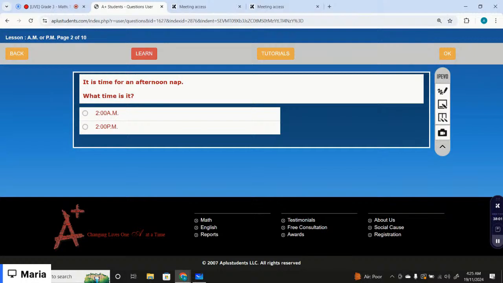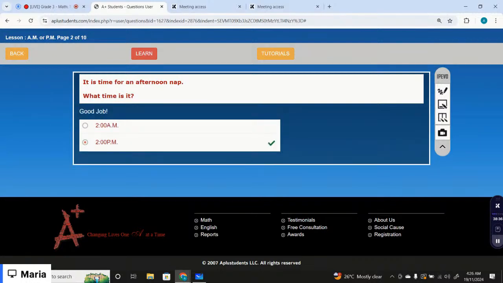It is time for an afternoon nap. What time is it? Afternoon nap. So that would be afternoon. It is 2 p.m. The correct option is option number 2.